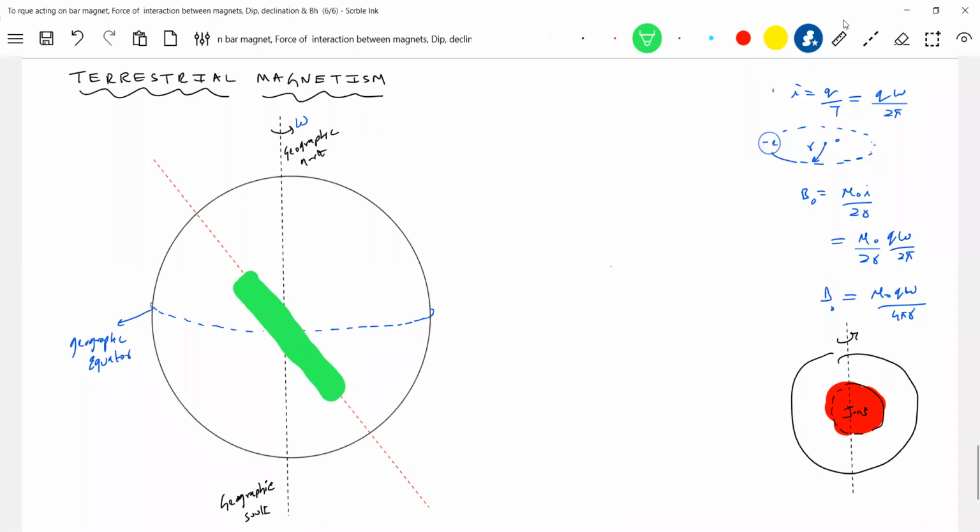So for the Earth's magnetic field, we'll say let's approximate it to be like a bar magnet. Then it has a dipole moment. This will be north. This will be south.